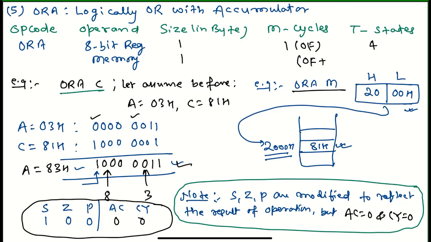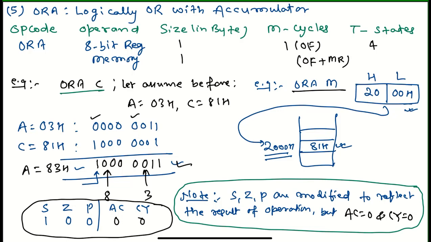During the opcode fetch, whenever the processor is decoding and executing this instruction, by that time it knows that the second operand is outside of the processor. It means it is from the memory. So to read that second data from the memory, one more machine cycle is required, which is called a memory read.